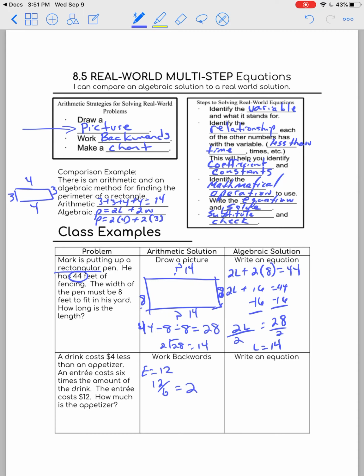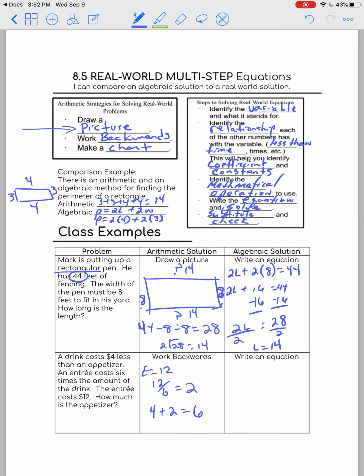The drink is less than the appetizer, so the appetizer must be $4 plus $2, or $6.